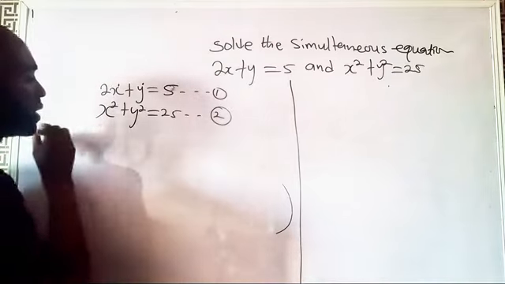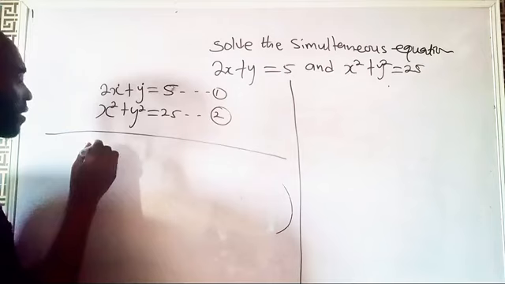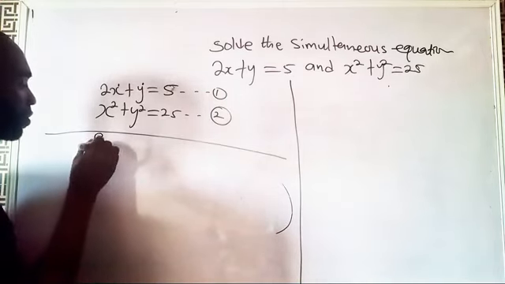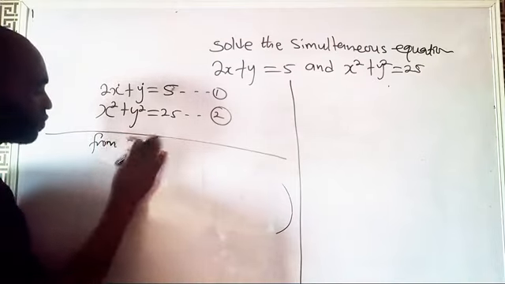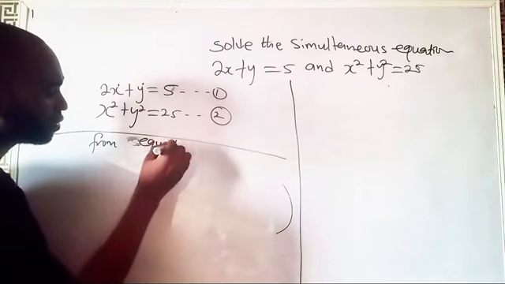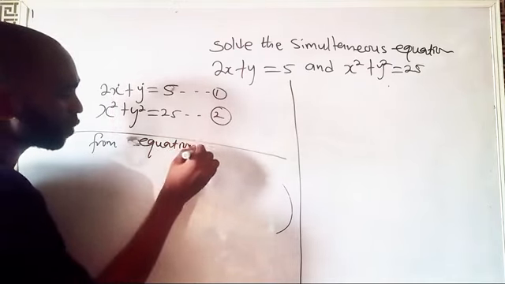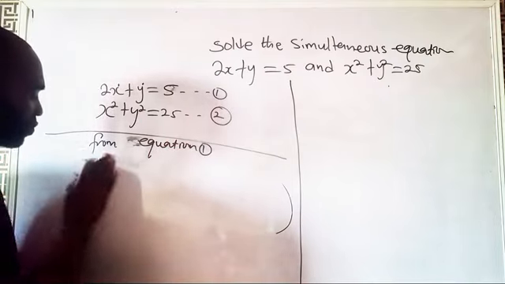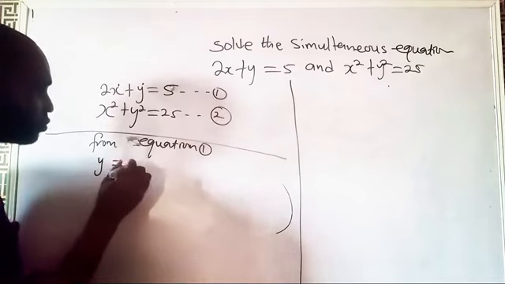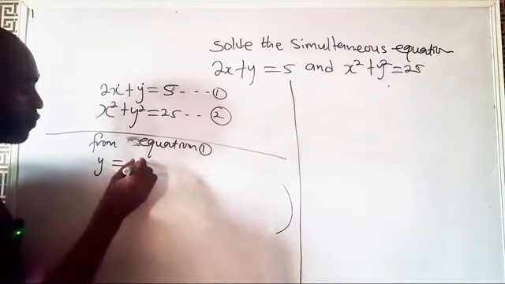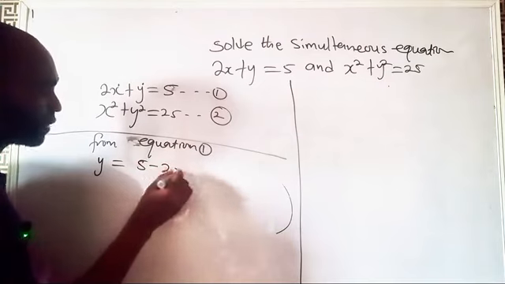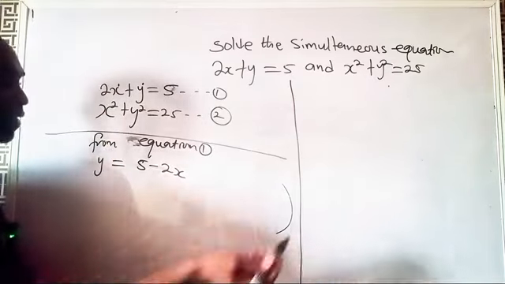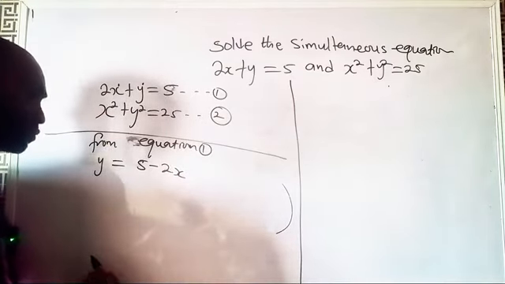So let's start. Let's make y the subject formula from the first. So from equation 1, we have that y is equal to 5 minus 2x, because when you take 2x to the other side, that changes to minus 2.